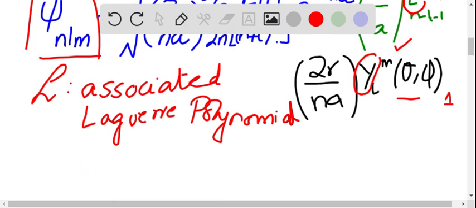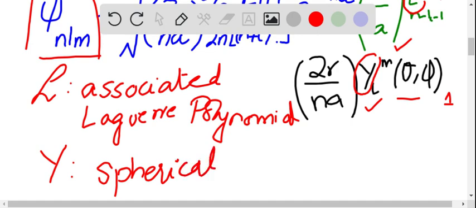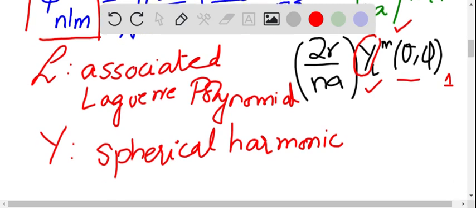That is one thing, and this Y is basically a spherical harmonic.